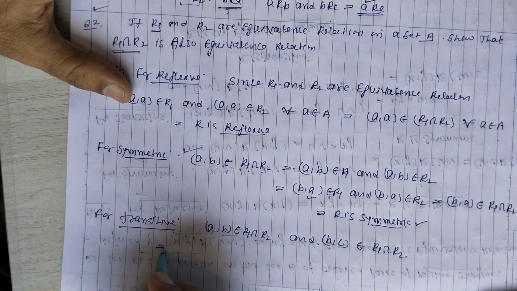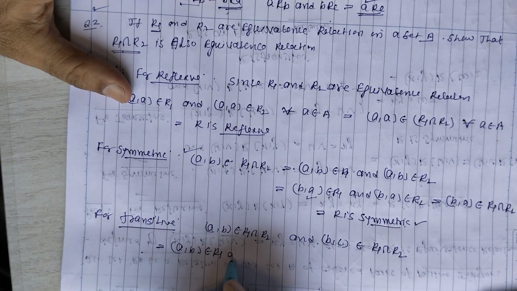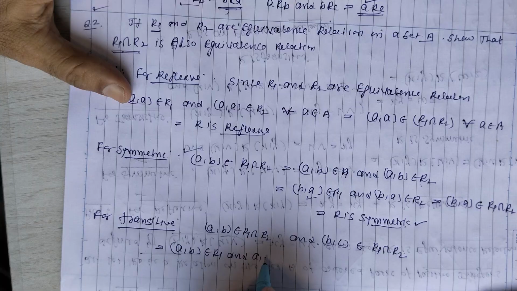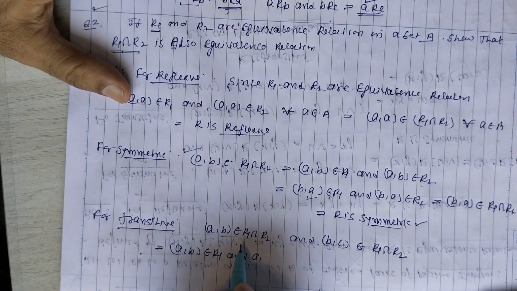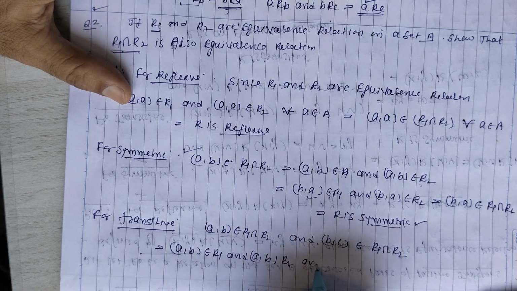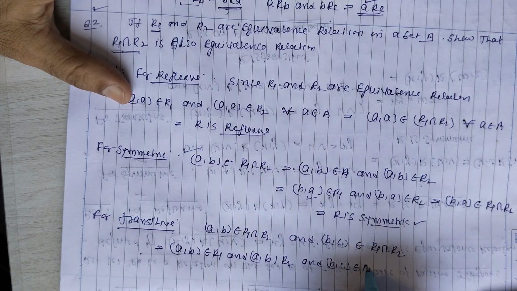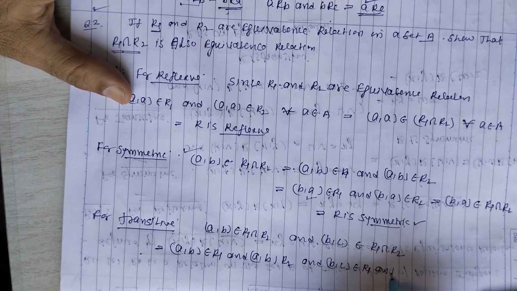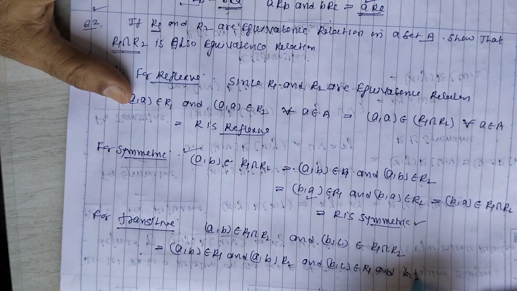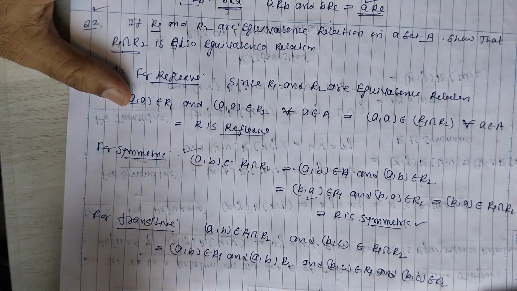(A,B) belongs to R1 and (A,B) belongs to R2 here, and (B,C) belongs to R1 and (B,C) belongs to R2, correct?